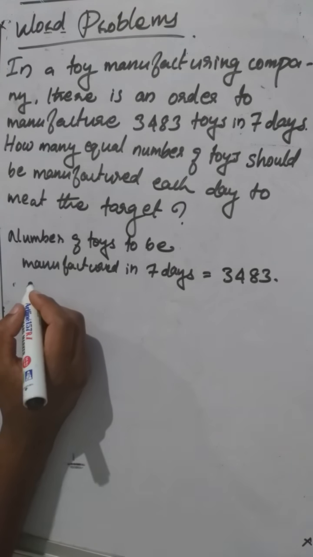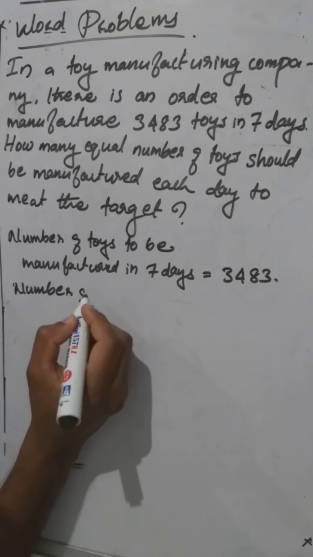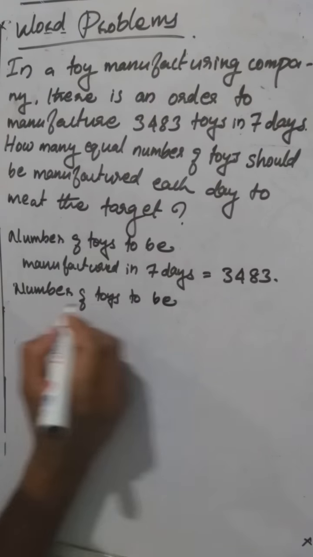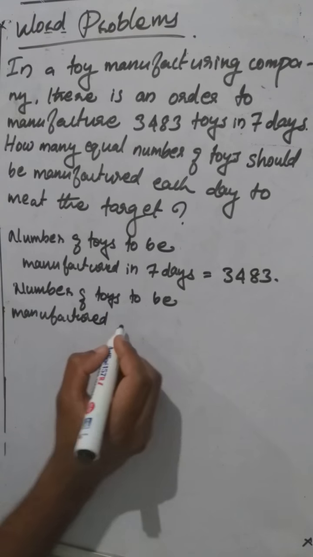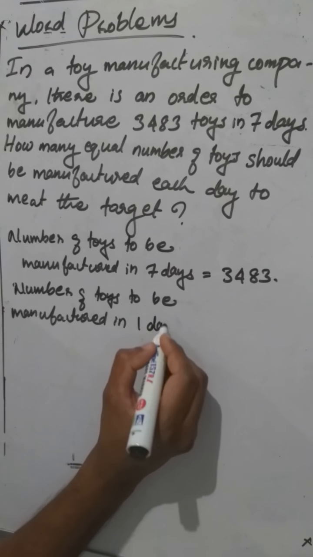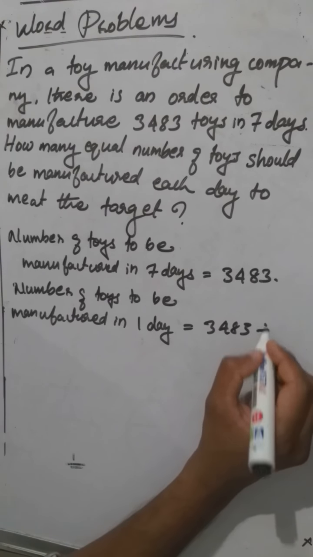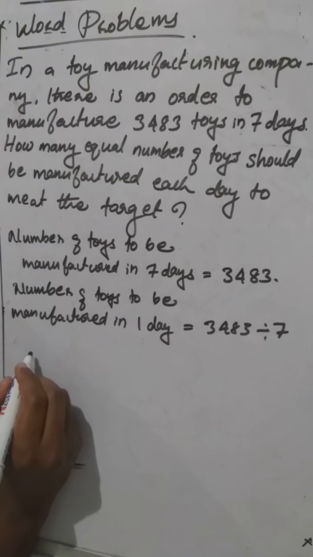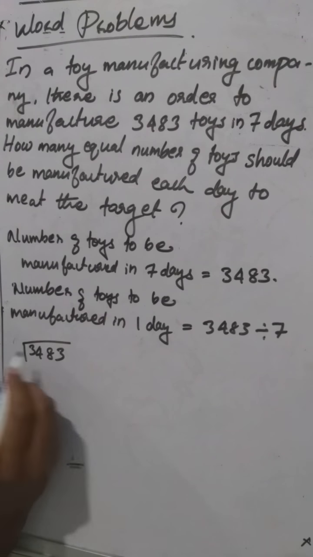Now we have to find the number of toys to be manufactured in 1 day. That is 3,483 divided by 7. Now let's do the division process.